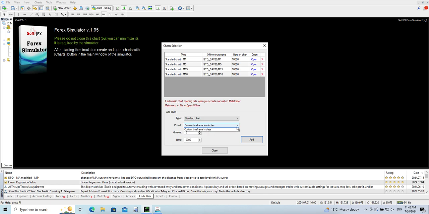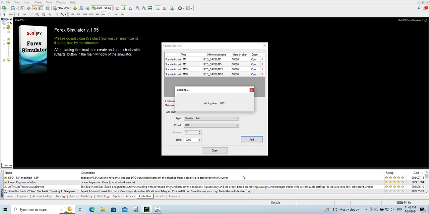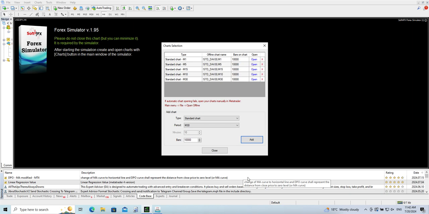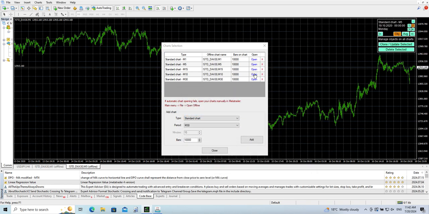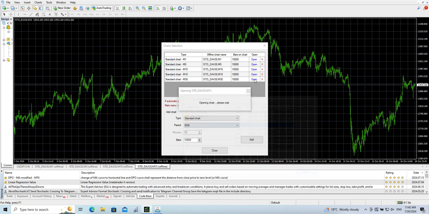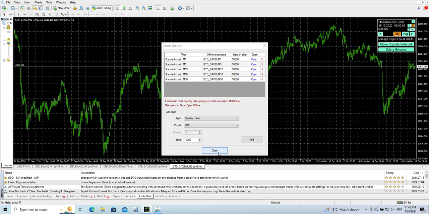Should bring the 30 minute chart in as well. I'll put that on just in case, but generally speaking, not going to use the 30 minute time frame. Open the 1 minute, 5, 10, 15, and 30 minute. We'll close this.